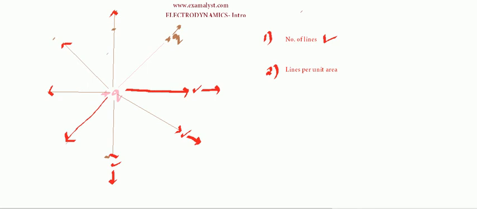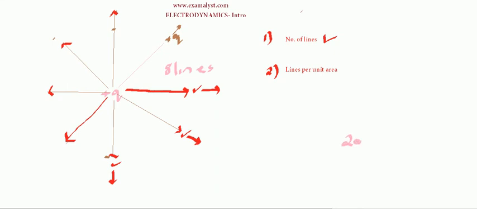If I draw here, how many lines have I drawn? 1 2 3 4 5 6 7 8. So I have drawn 8 lines. My plan is, if I use 8 lines for a plus q charge, then to represent a charge whose value is twice, 2q.